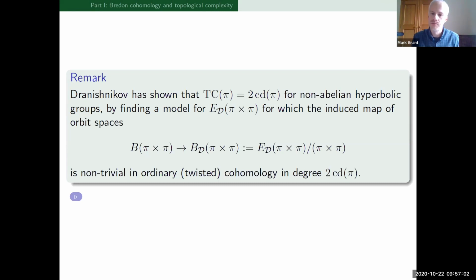So, you can sidestep using the Bredon cohomology and just use this fact about this map of classifying spaces. But I think perhaps using the full force of Bredon cohomology could lead to stronger results in some cases.